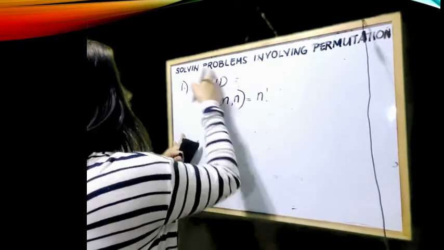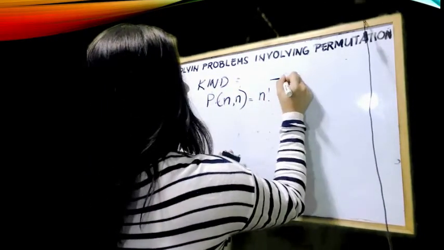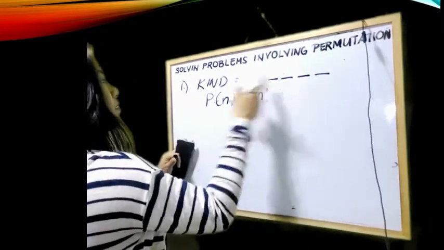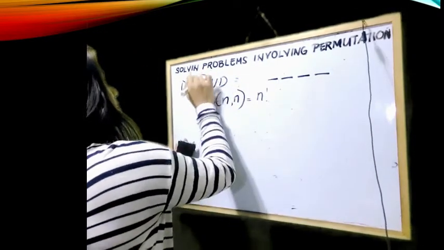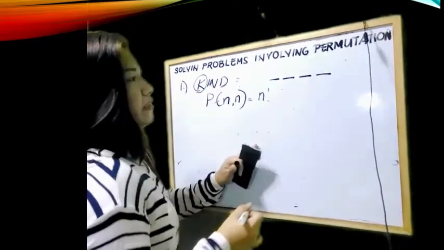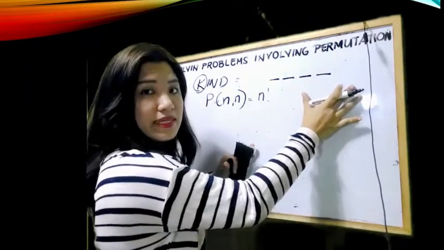So using the word kind, let's start by drawing 4 spaces here. If you can see, if we start with the first letter K, it can be positioned on any of these 4 spaces, right?